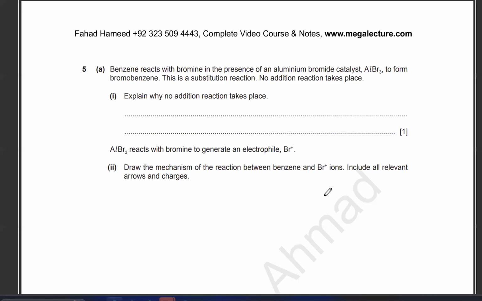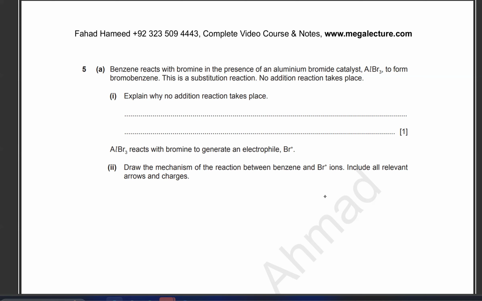So the answer is just a 1 mark question. So what you're going to write is, you're saying benzene reacts with bromine in the presence of AlBr3 to form bromobenzene.